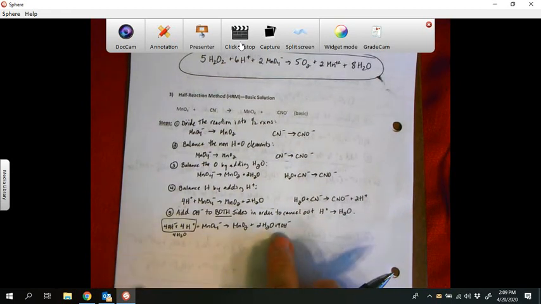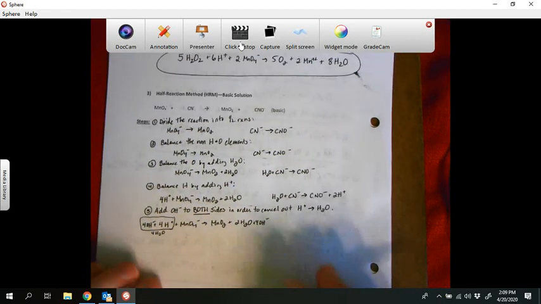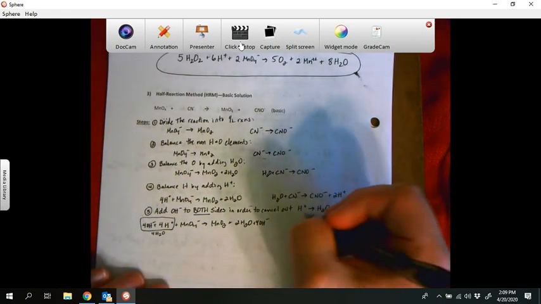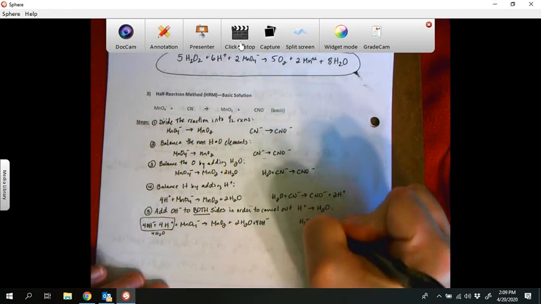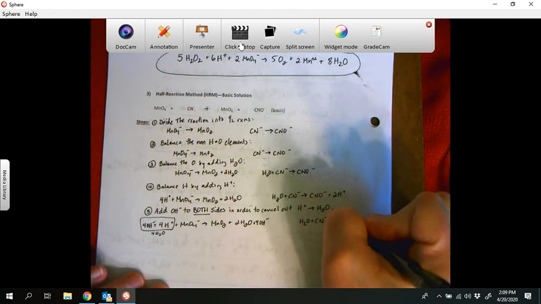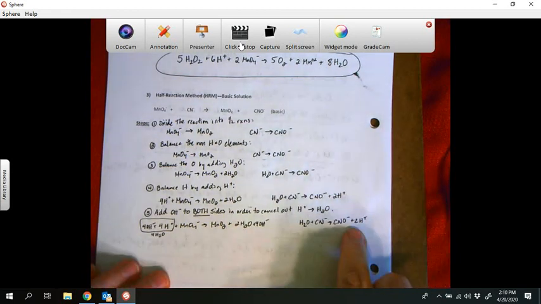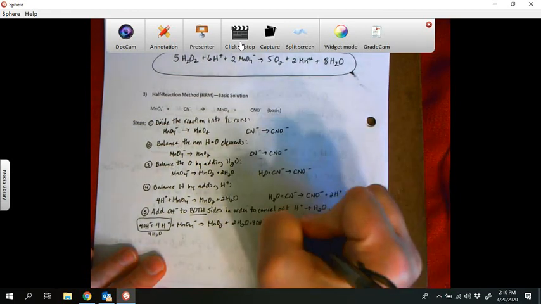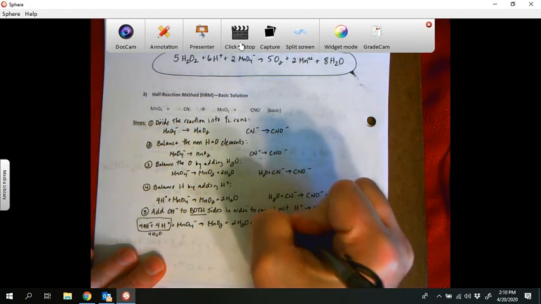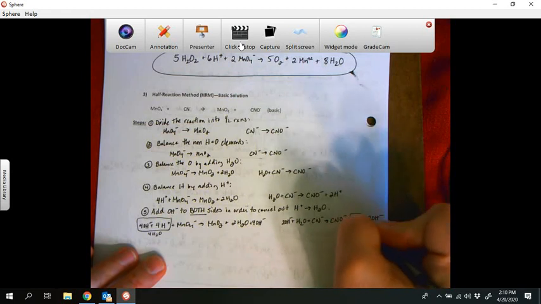That's going to leave us with our 4 OHs on the product side, which makes this a basic solution. I'm going to do the same thing over here. So I had H2O plus CN minus yields CNO minus plus 2H plus. Because I added 2H plus, I'm going to add 2OH minus to both sides. And these two would combine to make 2 waters.